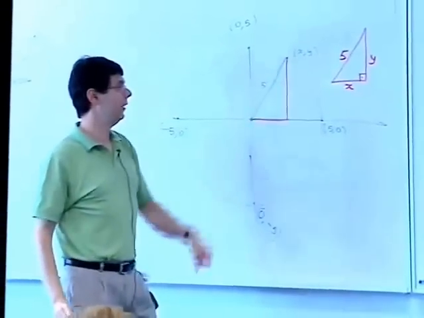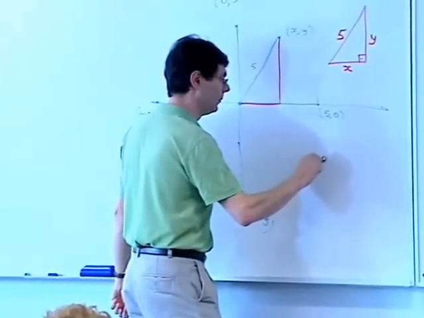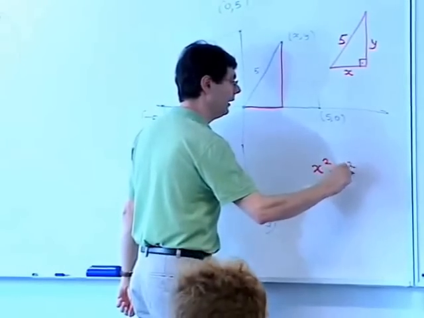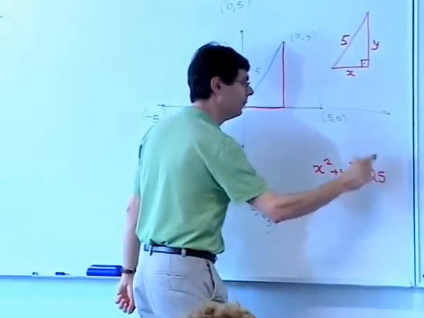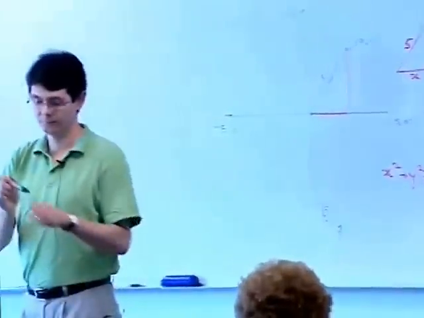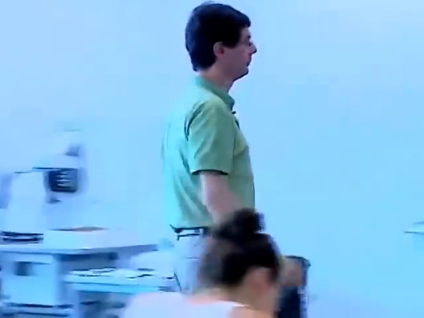And Pythagoras tells you that x squared plus y squared has to be equal to 25. And that's the equation of a circle. Nobody knew that before Descartes. You can imagine that it is really a step forward to be able to put an equation to a picture.